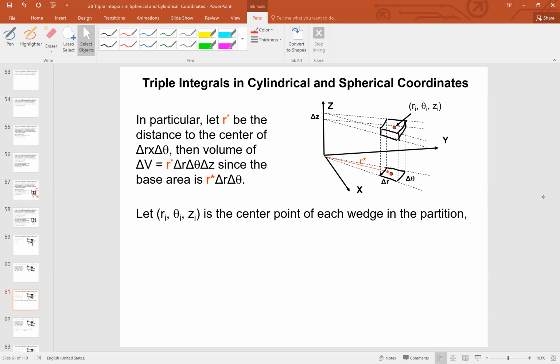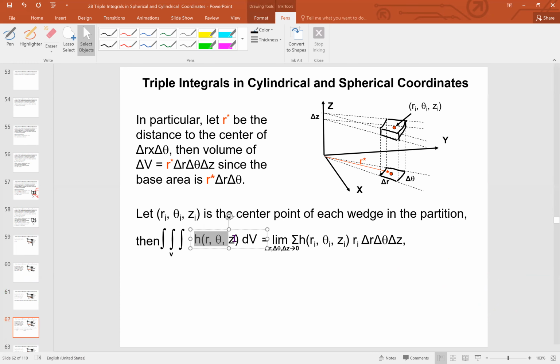Now, suppose I have a function defined over a solid, described with cylindrical coordinates in these manners, and the integrand, for instance, h is a function, the density at a point in the solid. I multiply by the volume of the little wedge cubicle, and this entire thing will be roughly the mass of that little chunk.